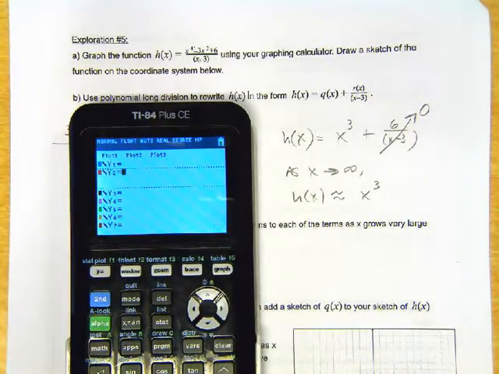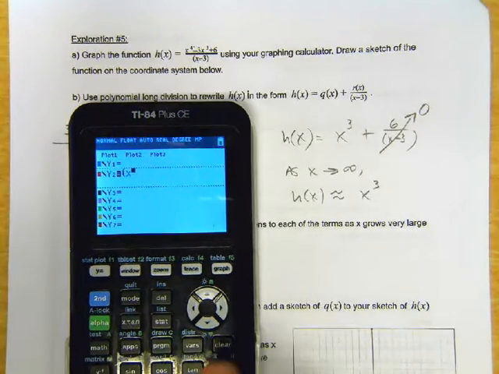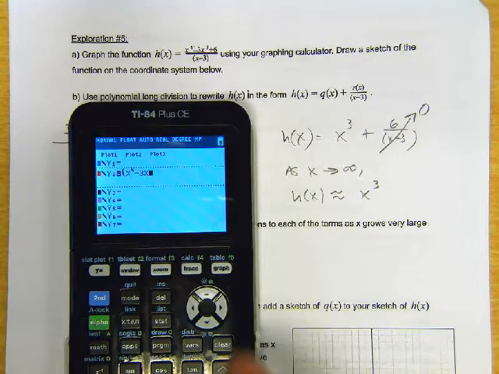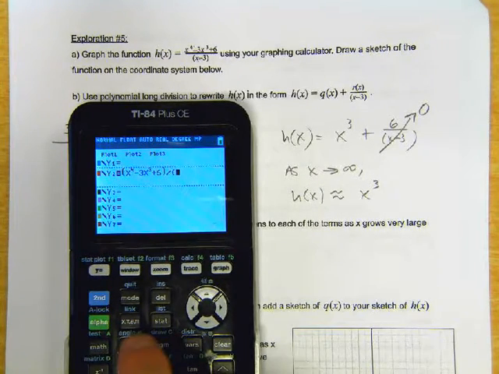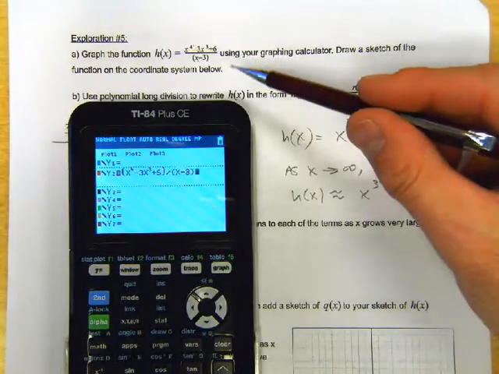So let's go back in here, and we'll do a little graph, parentheses, x to the 4th minus 3x cubed plus 6, close parentheses, divided by x minus 3.